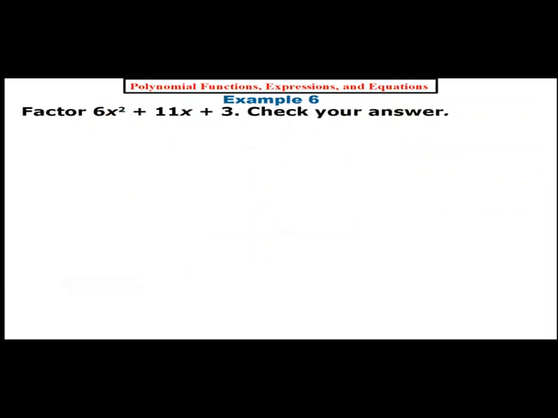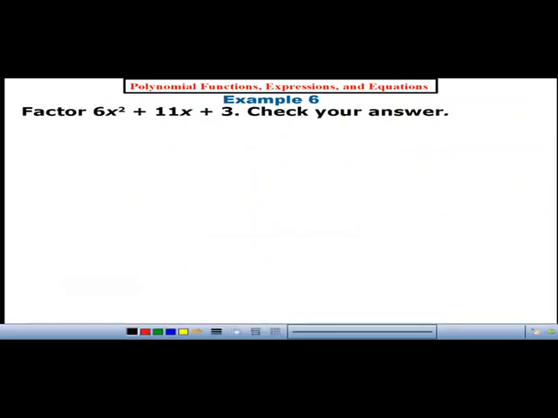So let's see, example number 6. Step 1, was it in standard form? Yes. Step 2, was there a GCF other than 1? No. Step 3, factor. What goes on top? Hopefully you saw that it has a leading coefficient. You multiply that, that's 18. And what's the middle term? The middle term is 11. All right, factors of 18.